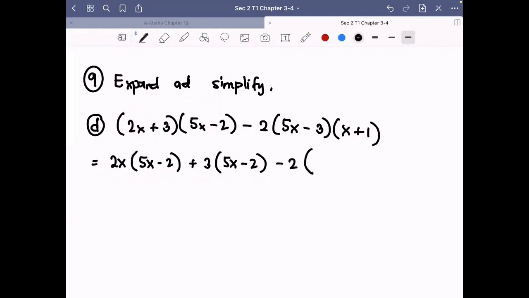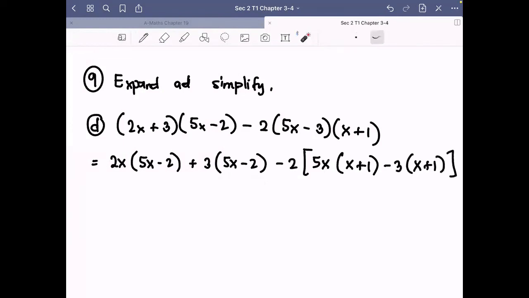So this gives me 5x times x plus 1, then minus 3 times x plus 1. So again, this times this, and then negative 3 times x plus 1 for this one.